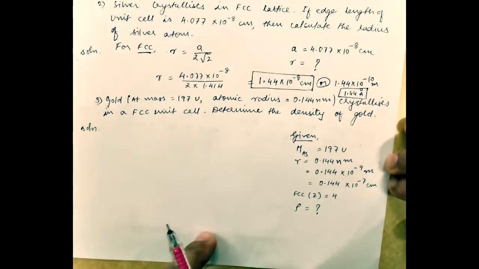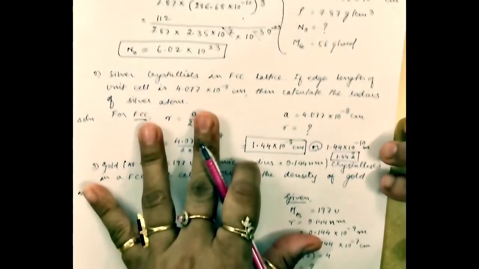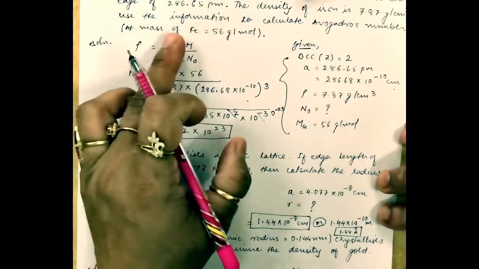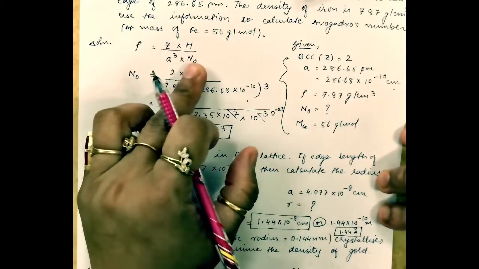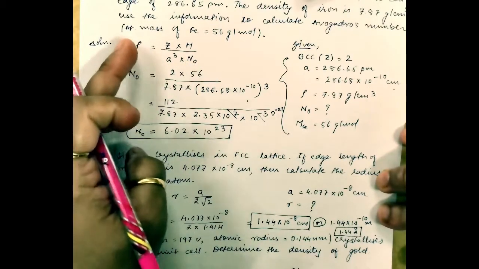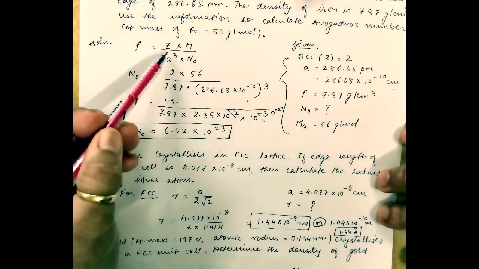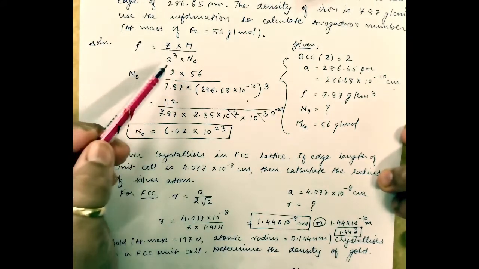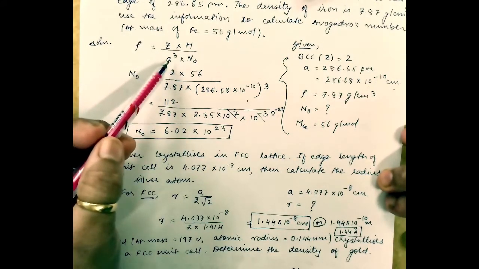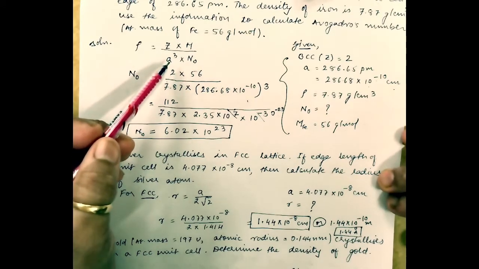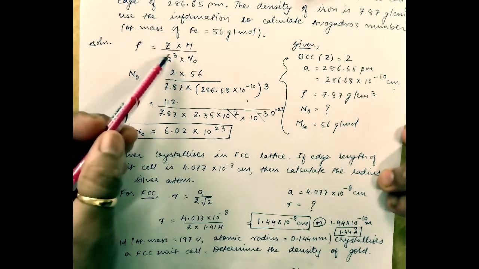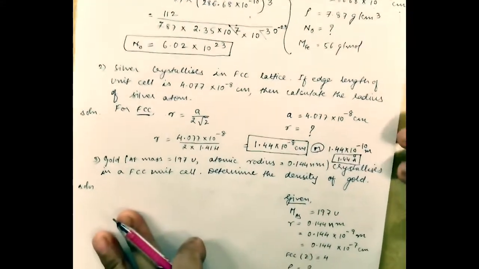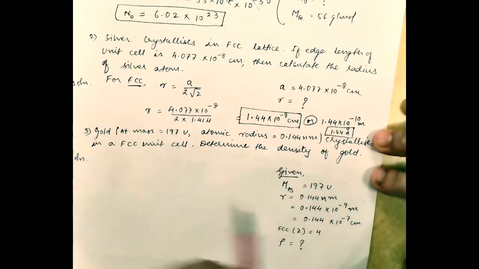Let us see whether we can use this, and you need to find out the density. Now the density formula I have brought to your notice in my first numerical. Density is equal to Z into M divided by A cube into N0. For that you require Z, which we have here, as I said, 4. Molecular mass is given. Now you don't have the value of A. They have not given you directly the edge length. They have given you the radius, not directly the edge length.